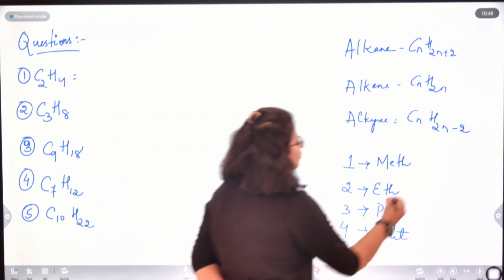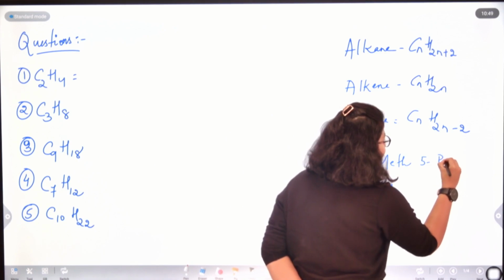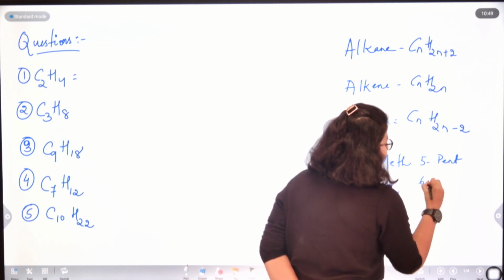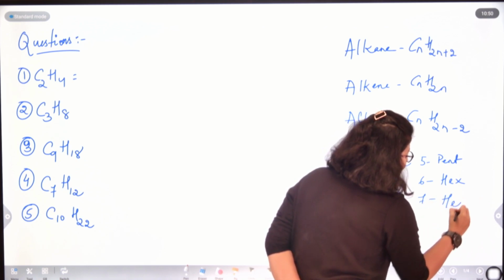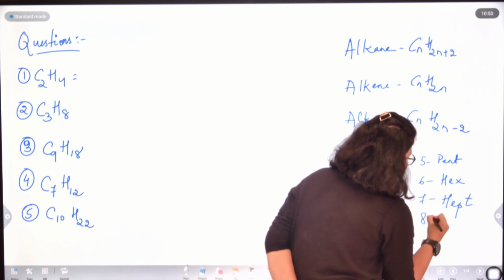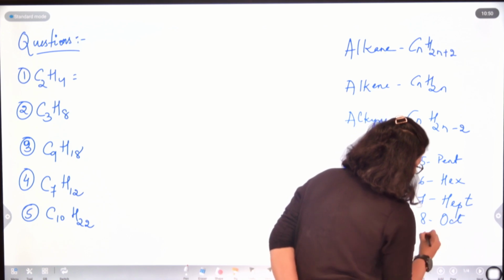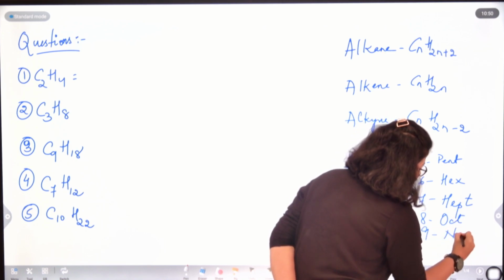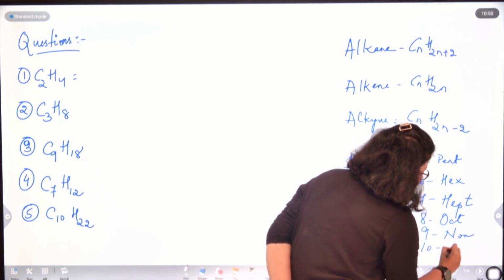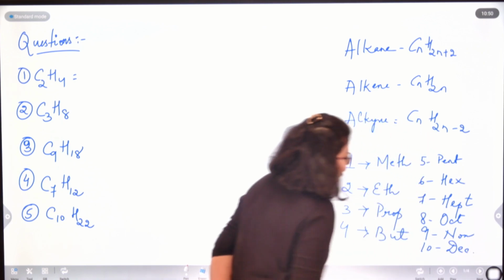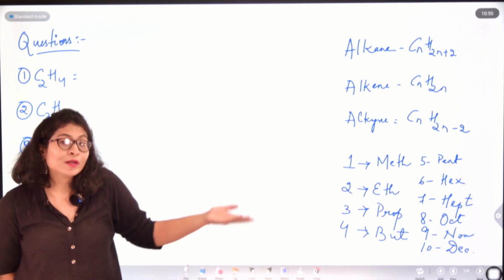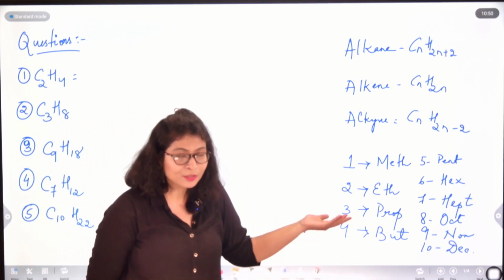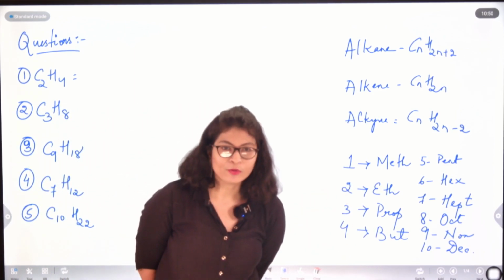And for 5th, it was pent. 6th, hex. 7, hept. 8, oct. And 10, dec. Right? I hope you have seen the previous video and you know how these word roots are derived and what they basically stand for, right?